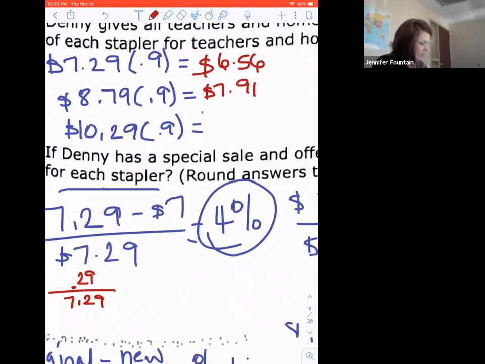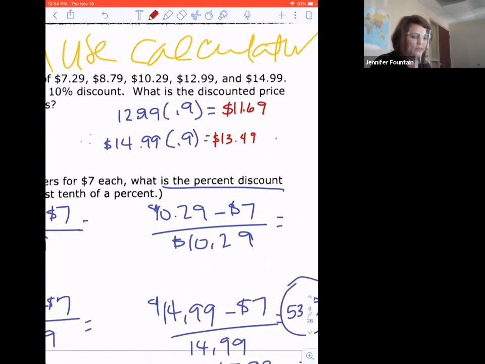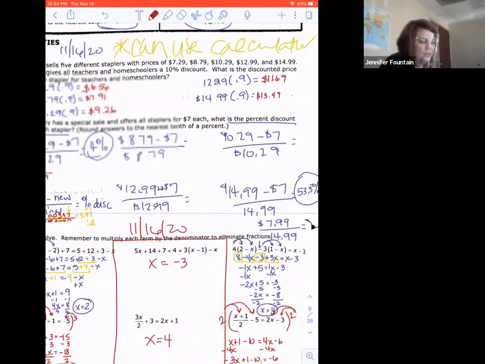The $10.29 stapler would go down to $9.26. The stapler that was $12.99 goes down to $11.69. And then the $14.99 one goes down to $13.49. Okay, so any questions on those?